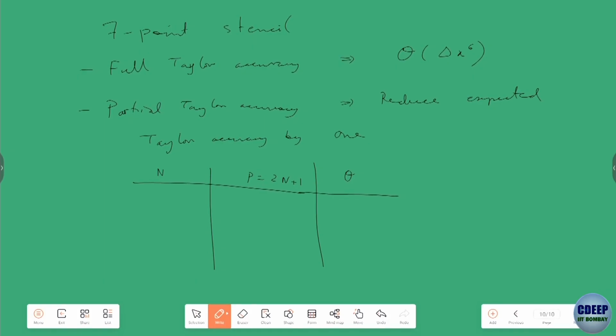For a 3-point stencil, we have got n is equal to 1, that is one stencil point on either side of the central point, and the order of accuracy there was 2. N is equal to 2 gives me a 5-point stencil, order of accuracy is 4. 7-point stencil gives me 6th order accurate.